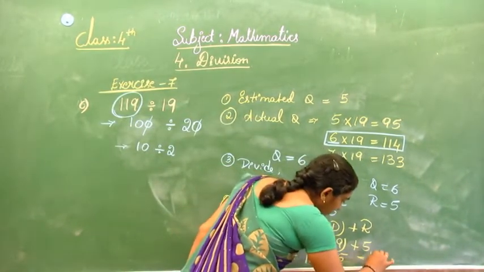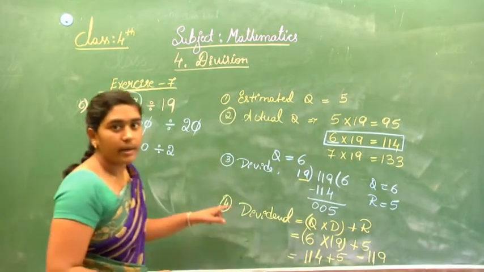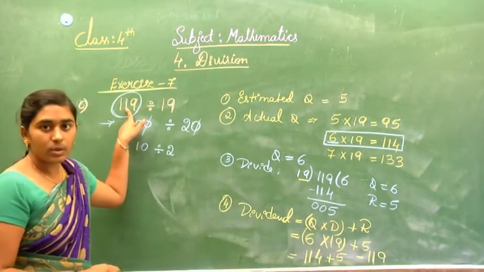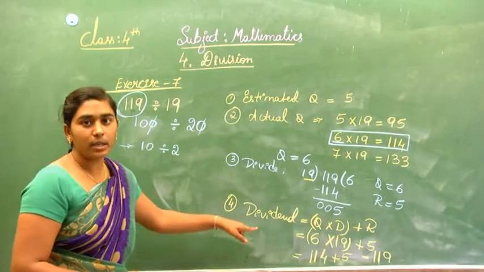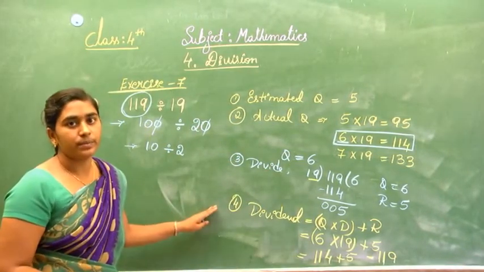We get 119. So if you get the correct dividend as in the question, your method is correct, or what you have estimated is the right quotient.